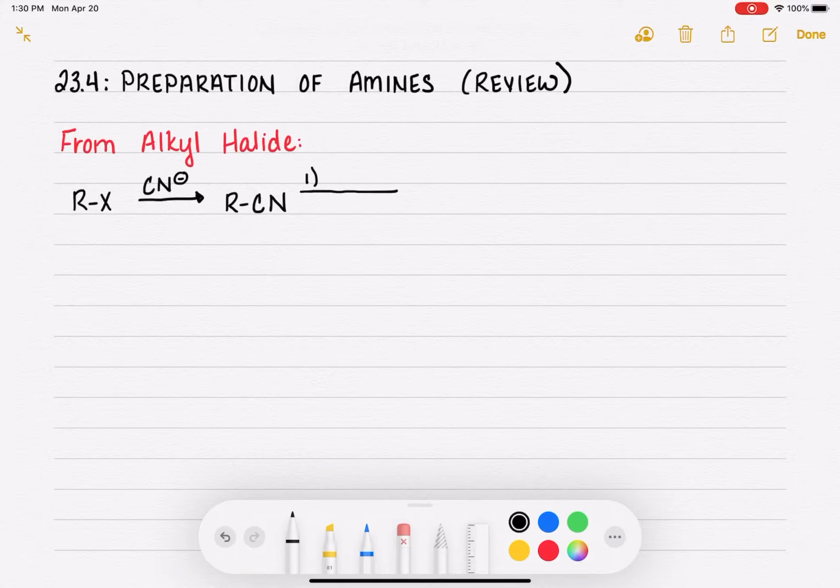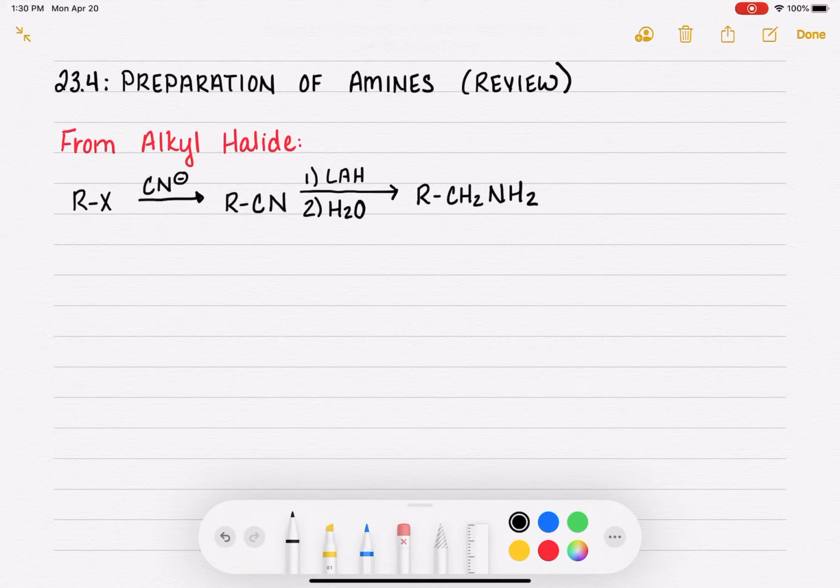And this reduction part is a relatively new reaction, something that we learned this quarter, so it's pretty fresh in your brains. With the strong reducing agent LAH, we end up basically hydrogenating the carbon-nitrogen triple bond. So we end up adding 4 hydrogens to the carbon-nitrogen triple bond with LAH and H2O.